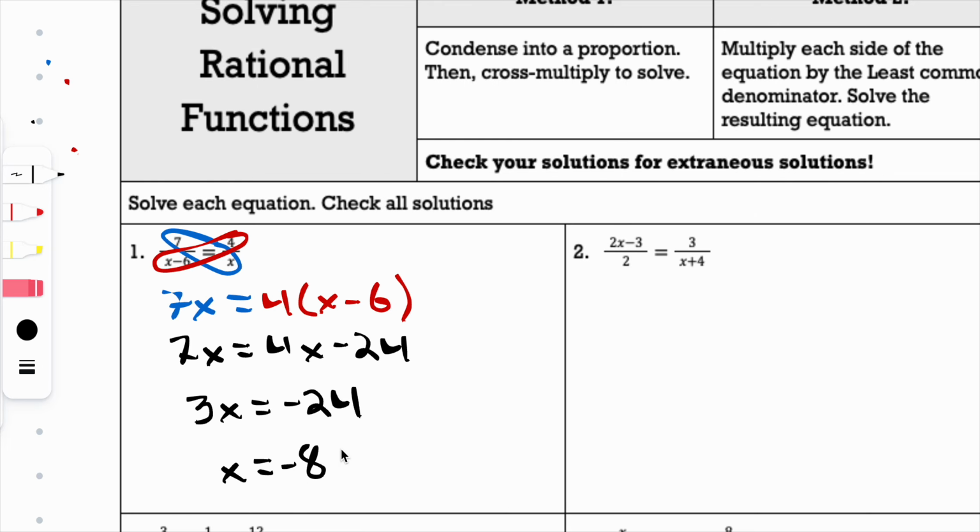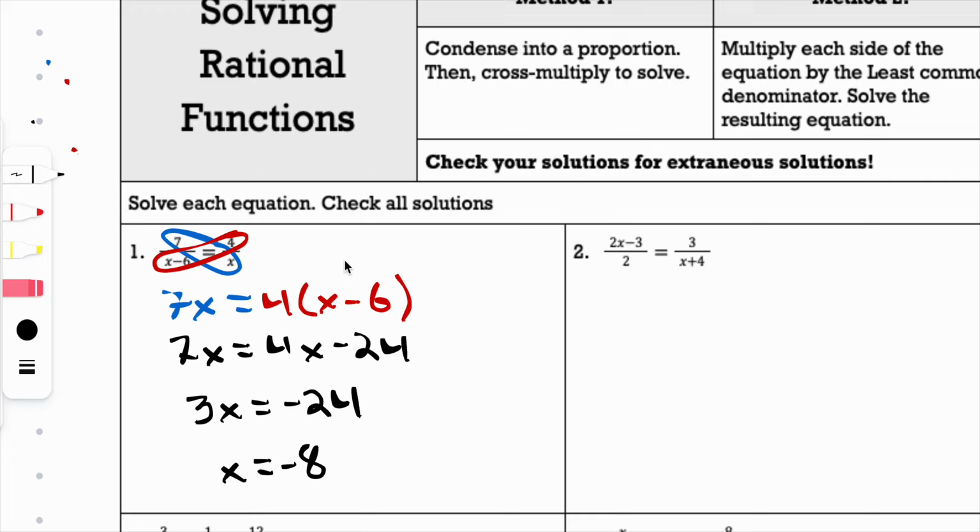Now before I cement that in as our answer, we need to plug that into our equation. So I'm just going to do this out loud, and I know it's kind of hard to see, but we have 7 over x minus 6. So 7 over negative 8 minus 6. And negative 8 minus 6 is negative 14.